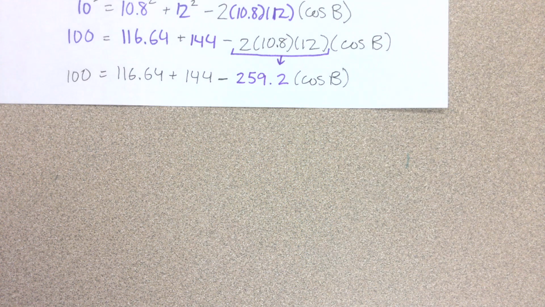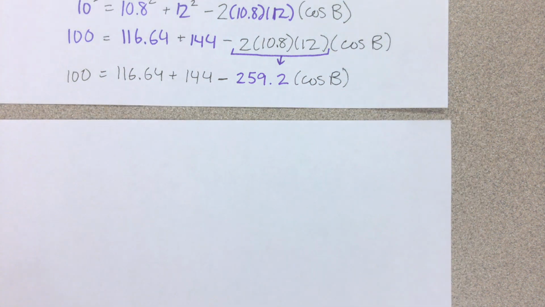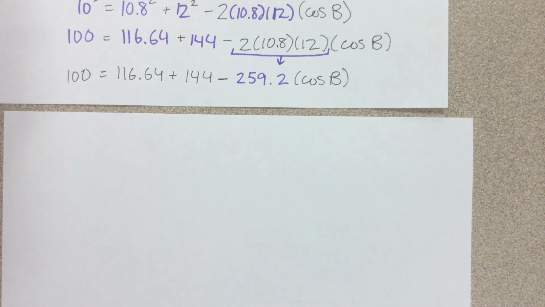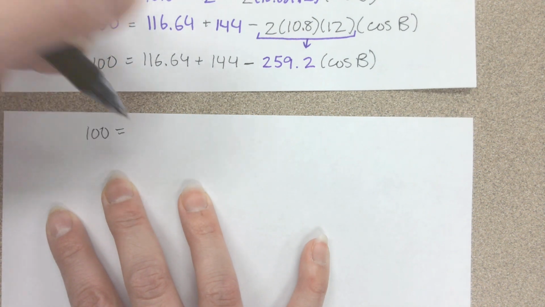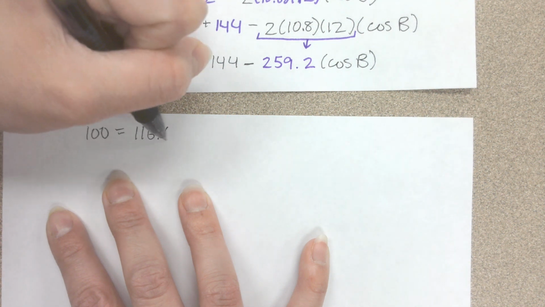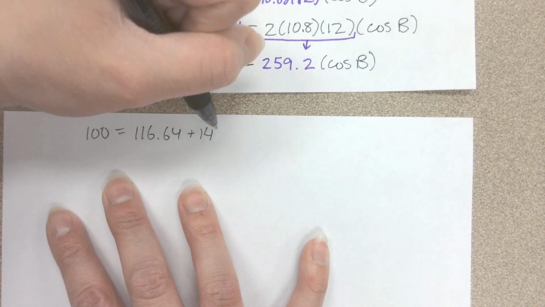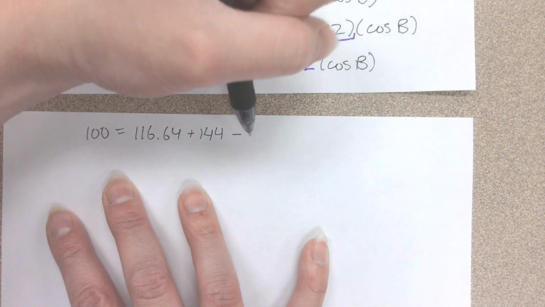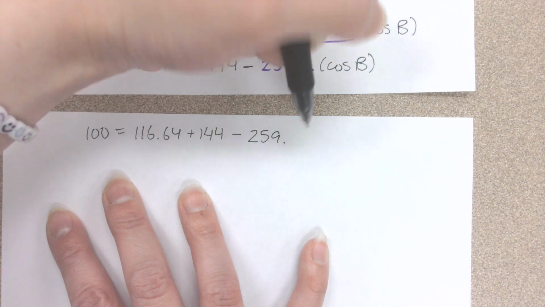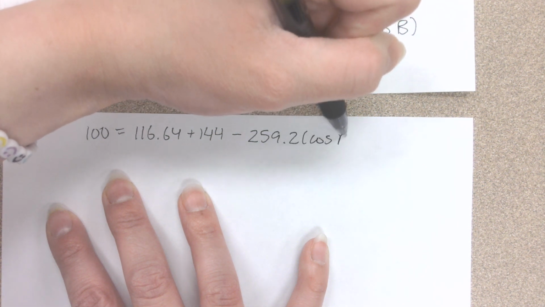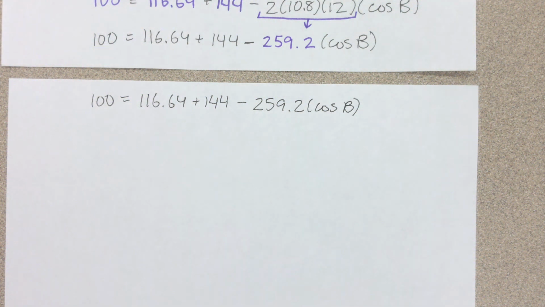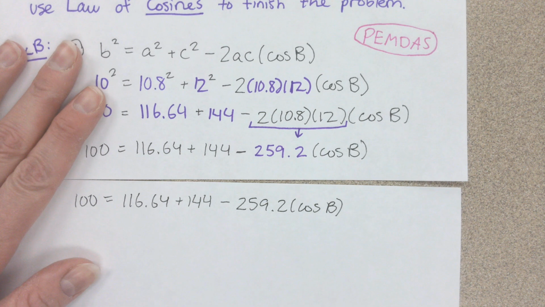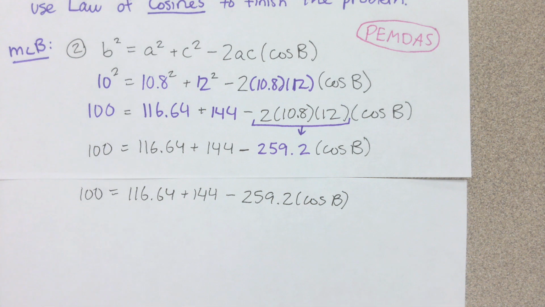And as you can see, I'm out of room, so I'm going to go onto a new paper. I'm just rewriting the problem real quick. Okay. Next from PEMDAS is add or subtract, whichever comes first.